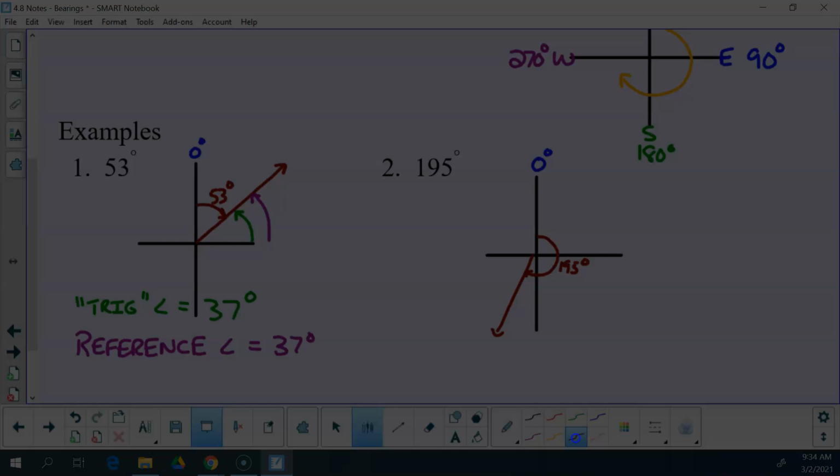My trig angle would be 180 plus that, so there's 15 there, which gives 255.